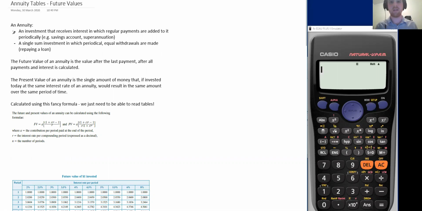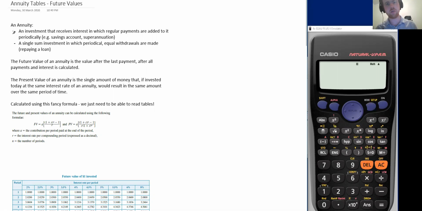And so every month you've got money coming in, interest being added on, and that happens over and over and over. Okay, you could also think of superannuation, which after each paycheck, a certain percentage of your pay gets put into a superannuation account and interest is charged on that, usually at a higher rate than a savings account, which you can then access when you retire. So that is an example of an annuity.